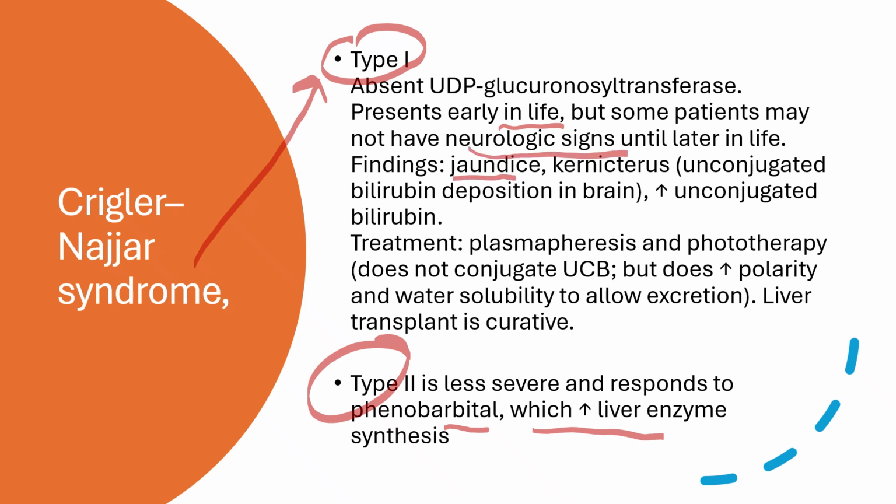The finding is kernicterus, because this unconjugated bilirubin is lipid soluble and can cross the blood-brain barrier, leading to kernicterus. Increased unconjugated bilirubin. So the treatment is plasmapheresis and phototherapy. Phototherapy does not conjugate the unconjugated bilirubin, but it increases the polarity, which leads to increased water solubility to allow excretion. Liver transplant is curative in the case of Crigler-Najjar type 1.